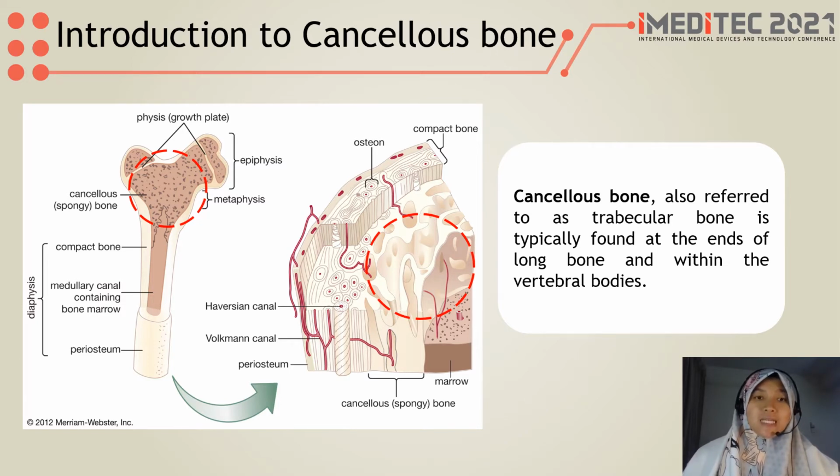As you can see, the small holes here are the structure of the cancellous bone. In a more microscopic view, as shown in the figure here, the region of the cancellous bone is filled with a porous structure, also known as small holes.